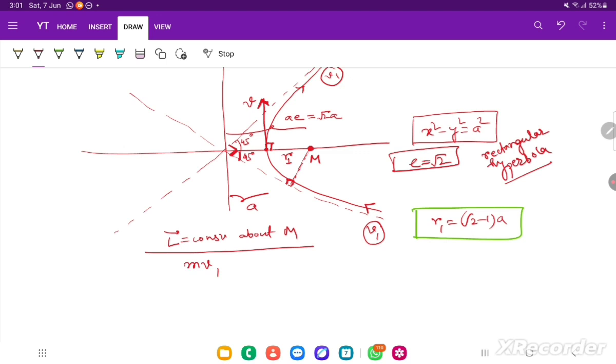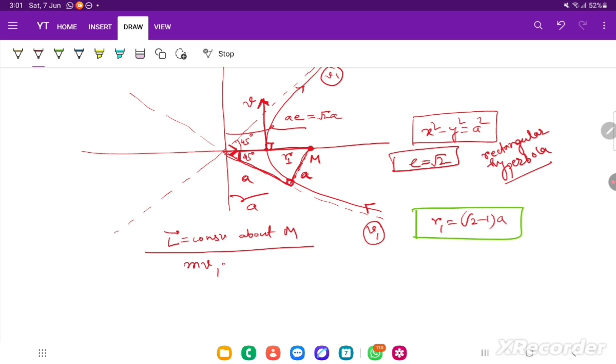So I'm writing mv1, sorry, this distance will be a and a. How? Because look at this right angle triangle, the hypotenuse is √2a, and this angle is 45 degrees, so the other two sides will be a and a. This one is also a and this one is also a.